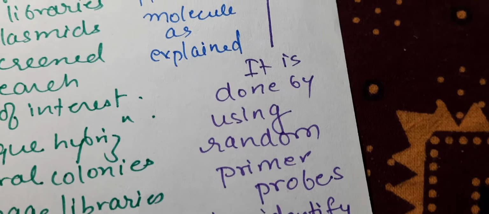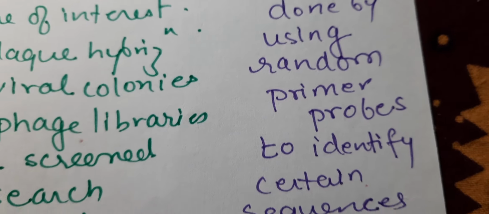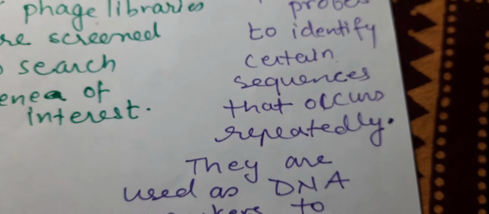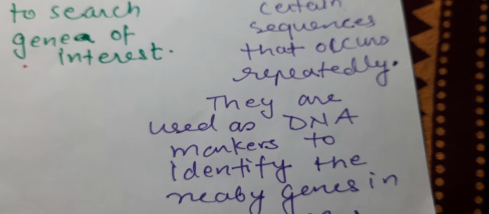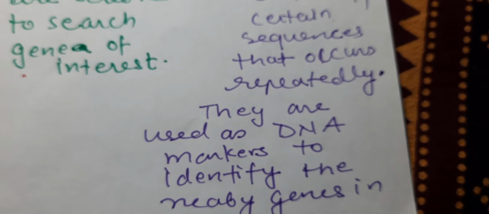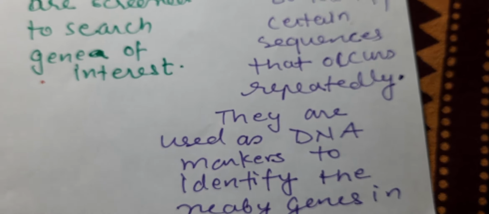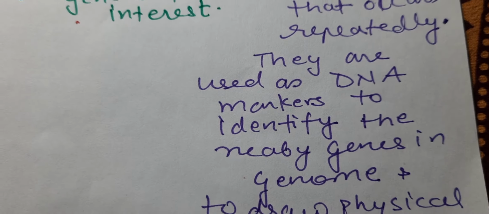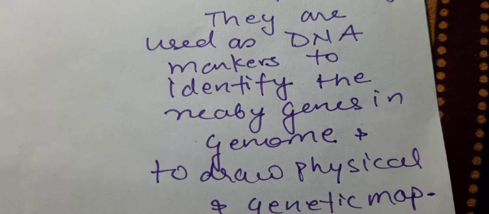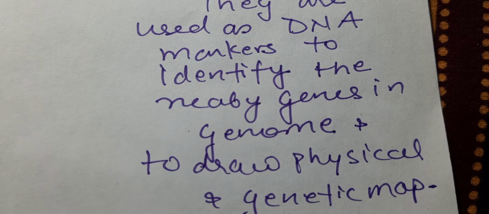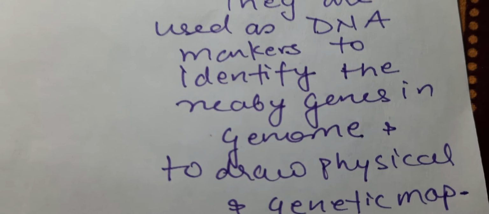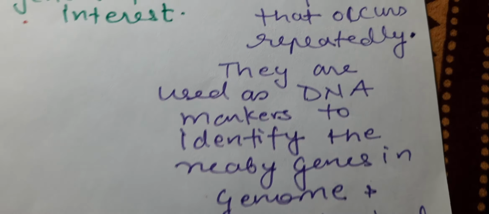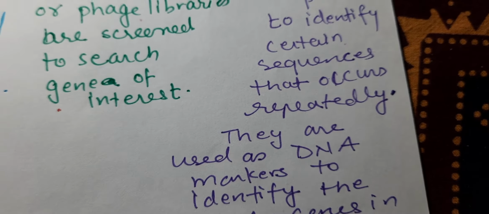So it is cloned by using the random primer probes to identify certain sequences that occur repeatedly. So there are certain repeated sequences like VNTR, and they are used as DNA markers to identify the nearby genes in the genome. So usually, sequence tag sites are there, for example.